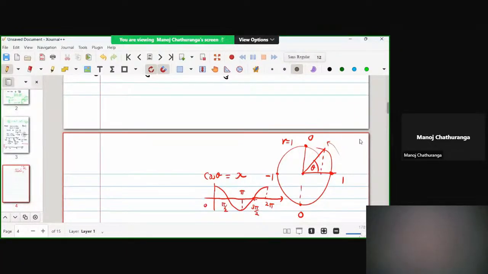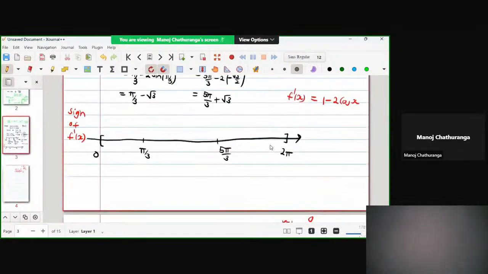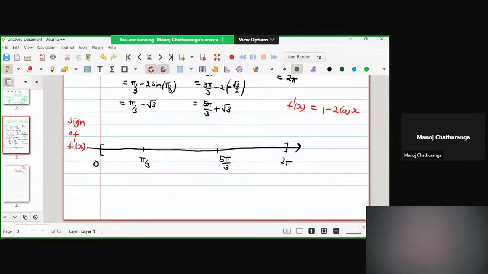So now that I know the behavior of the cosine function, I can see how this term behaves, and let me try to guess how the sign of the derivative looks like. At zero, derivative is minus 1, because at 0 cosine theta is 1.